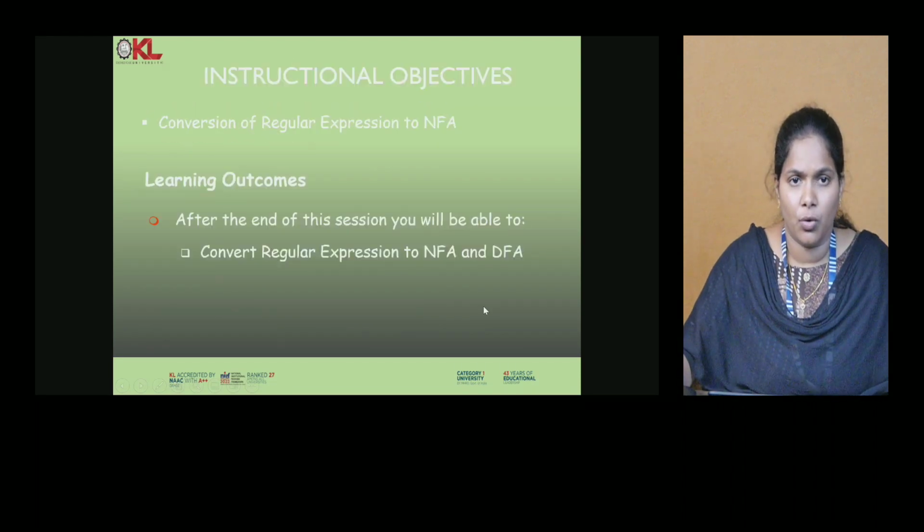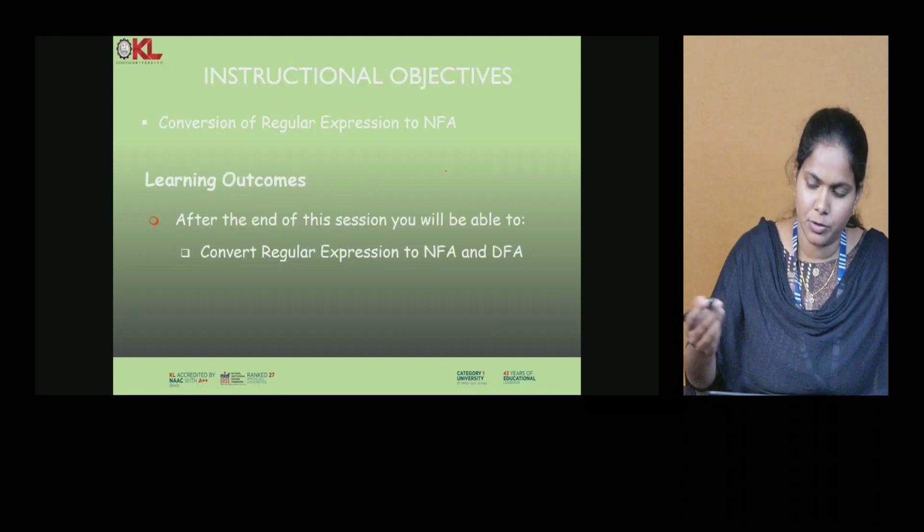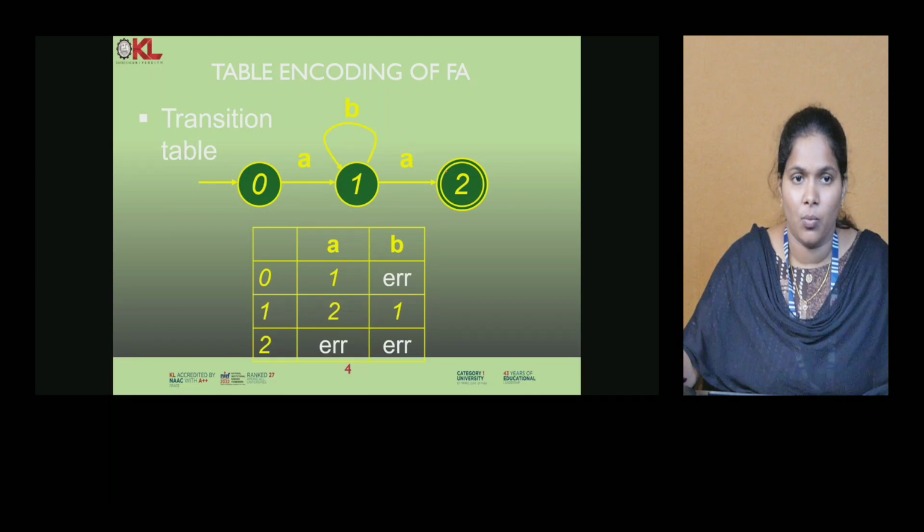I think you already know how to generate NFA from regular expressions, but I will tell you one small example.